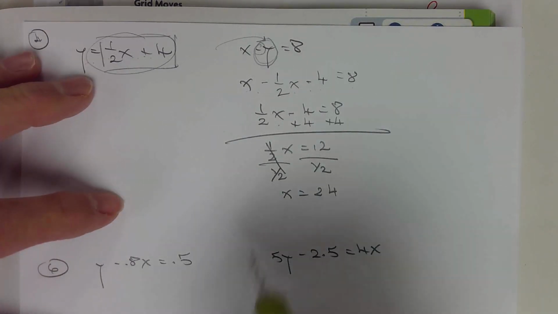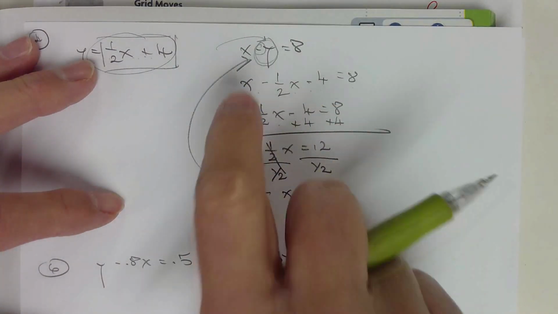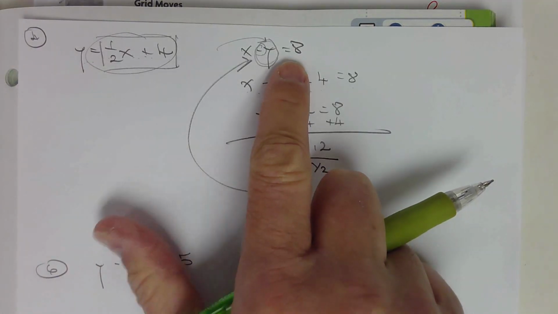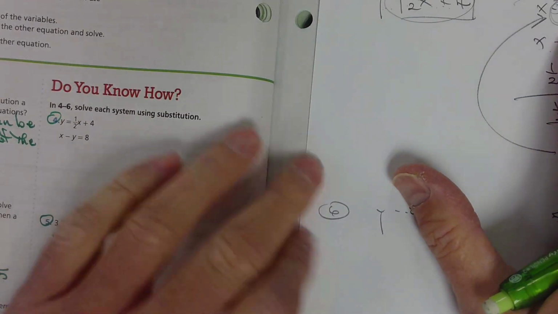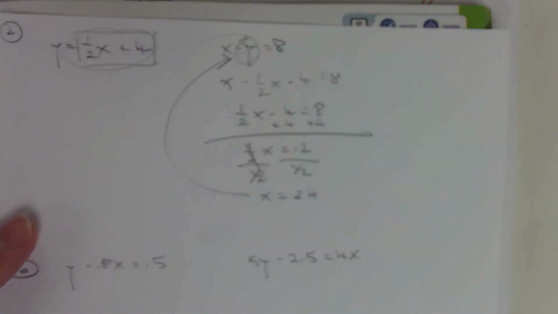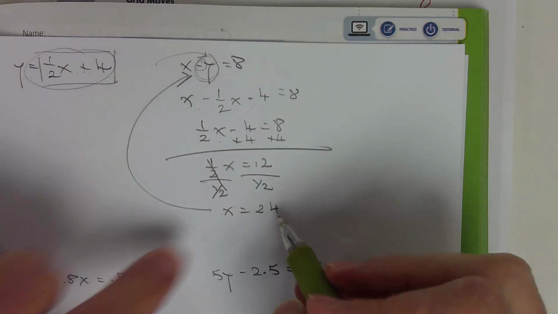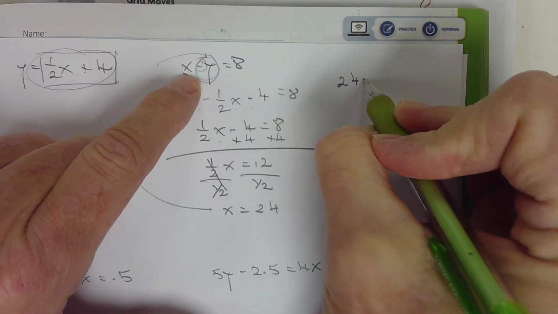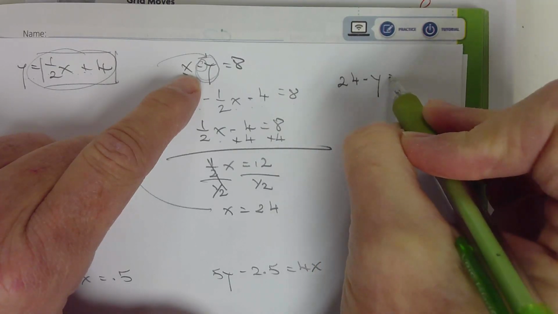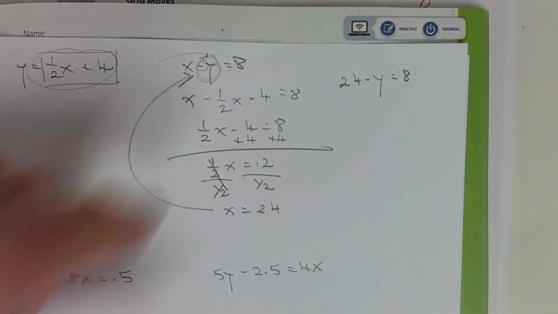I think the simplest is x minus y equals 8, the second equation listed in problem number 4. If x is 24, I'll rewrite it as 24 minus y equals 8.